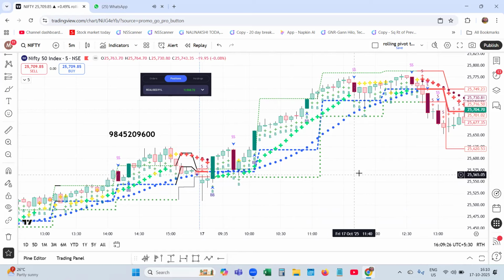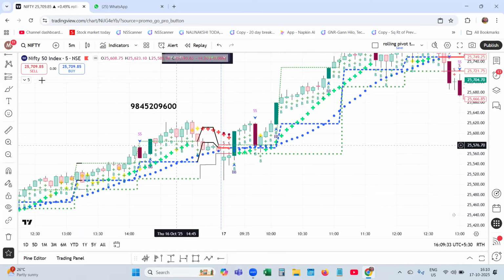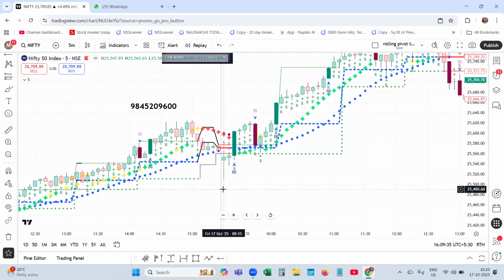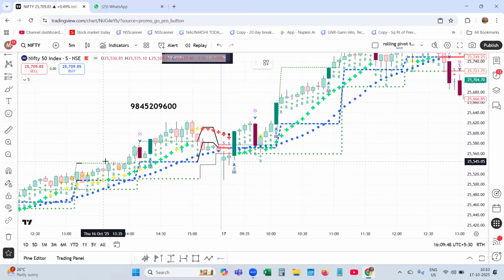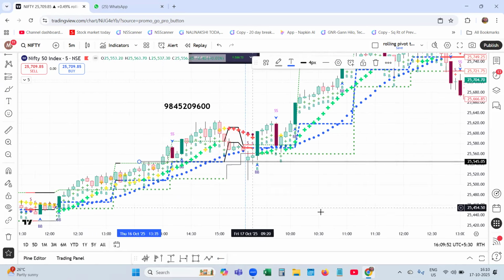In this indicator, I'm going to show the morning. Before taking any trade, on the 5 minute time frame, these are the hourly pivots. I mark the previous day's levels as my reference points. The previous day balance line is here, and the next is the 2:30 balance line.